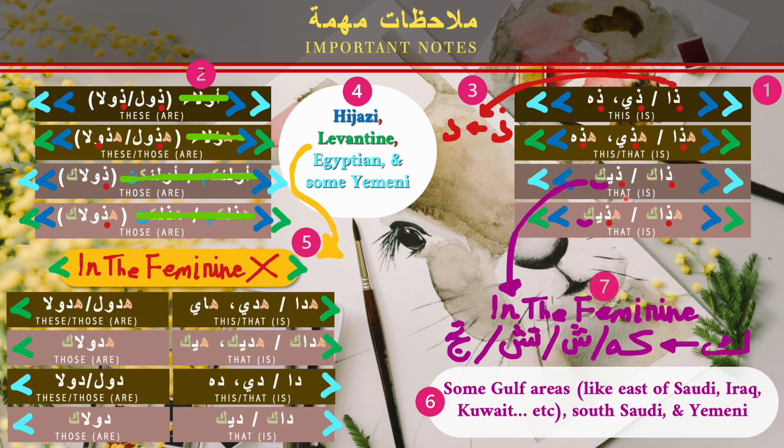One more thing: in the feminine format, they switch the ka when there is a ka to something else. For example, here they don't say ذيك, they say ذيكا. In some dialects of the south of Saudi Arabia and Yemen, or even some of the north of Saudi Arabia, you can hear dhika or dhish or dhich or dhij.